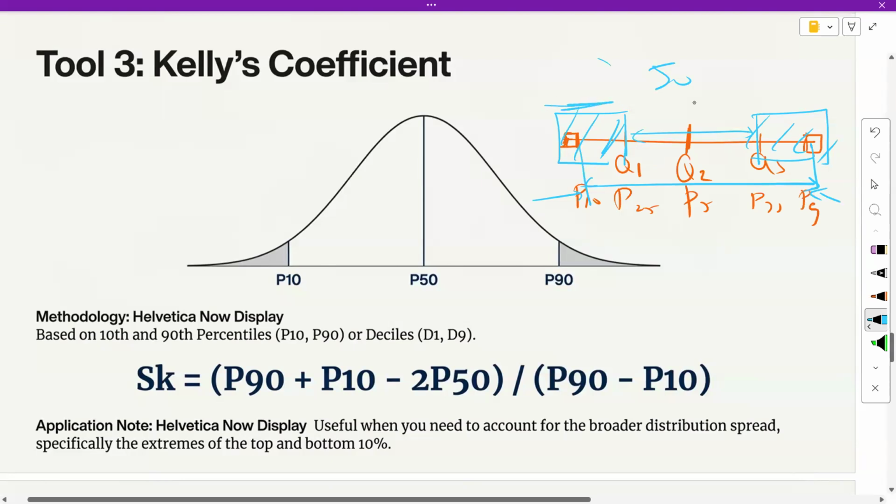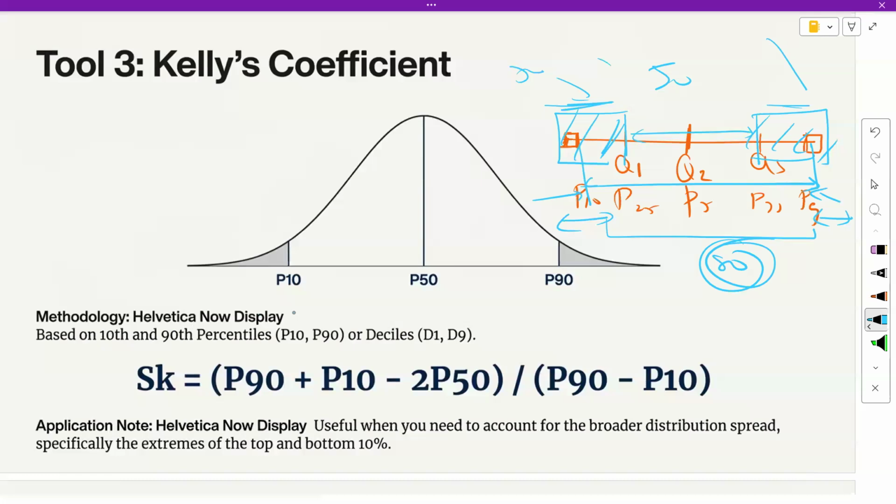With quartiles, the outer parts are missing, 30%, 50%. But here 80% of the data set is considered, with 10% lost on each side. It is based on the 10th and 90th percentiles, sometimes called deciles: P10 equals D1 and P90 equals D9.